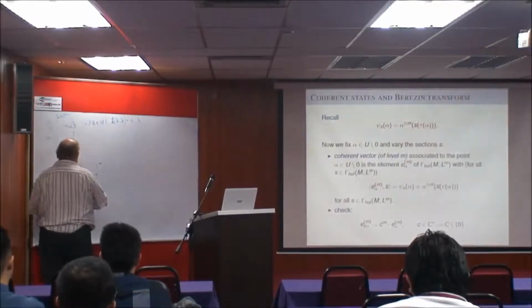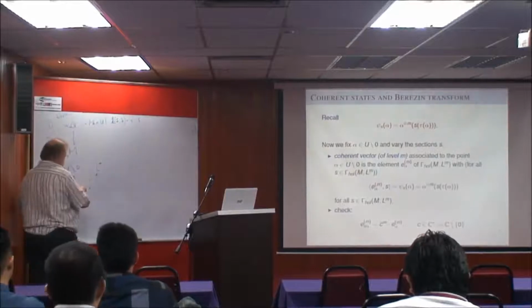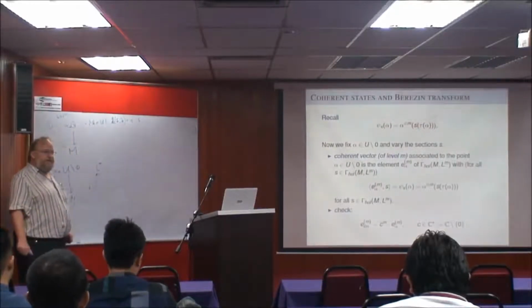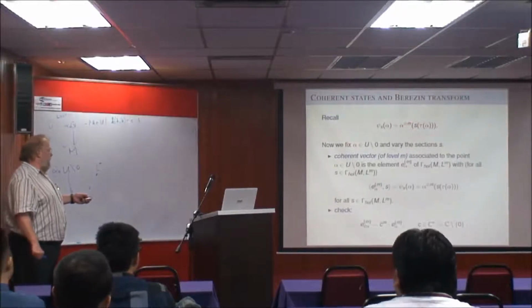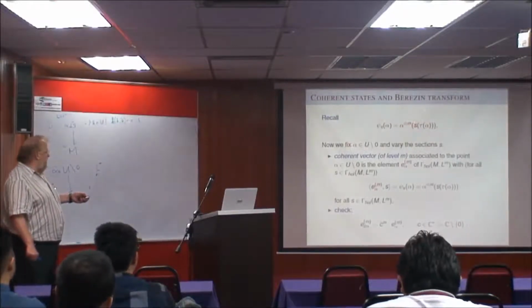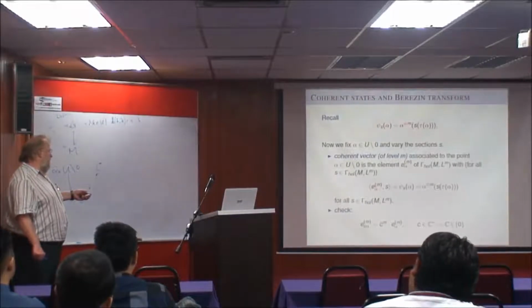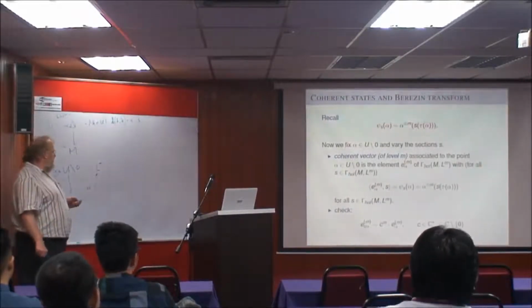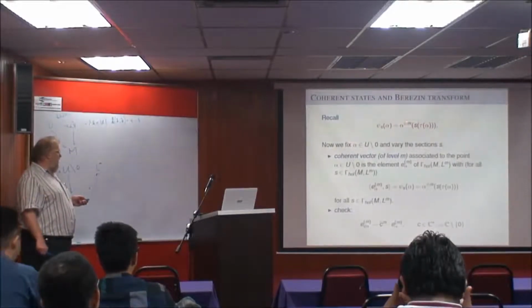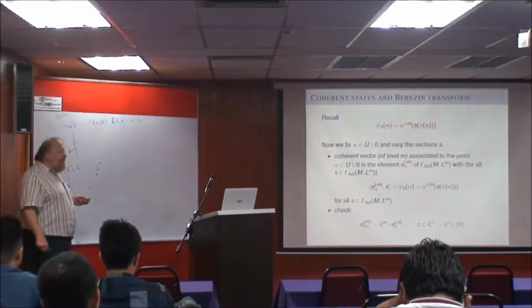So we get an element from the total space, and then we pair it with alpha to the power m, so that this gives really a pairing. So indeed, what we get in this way is a linear form.